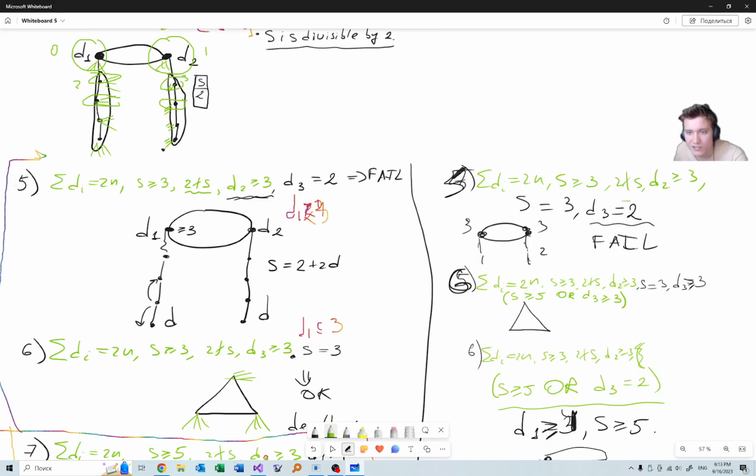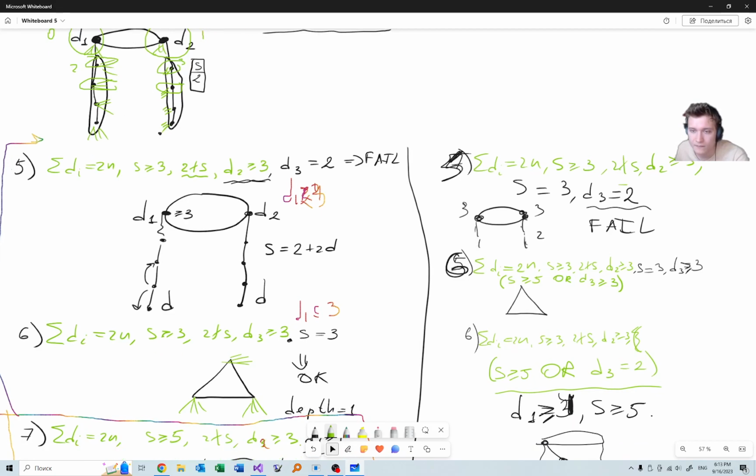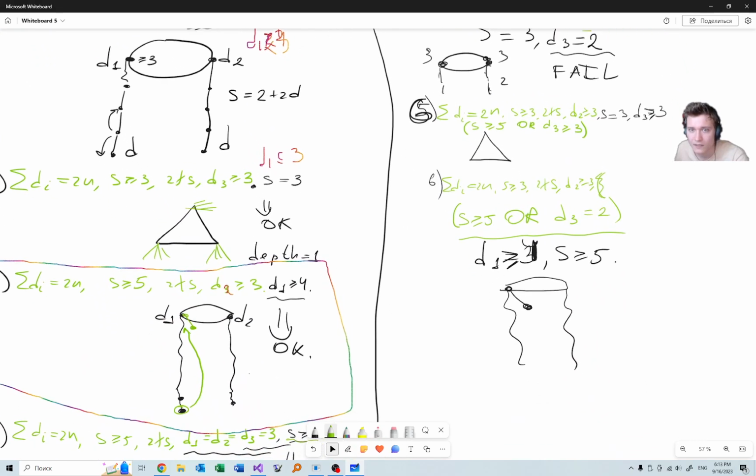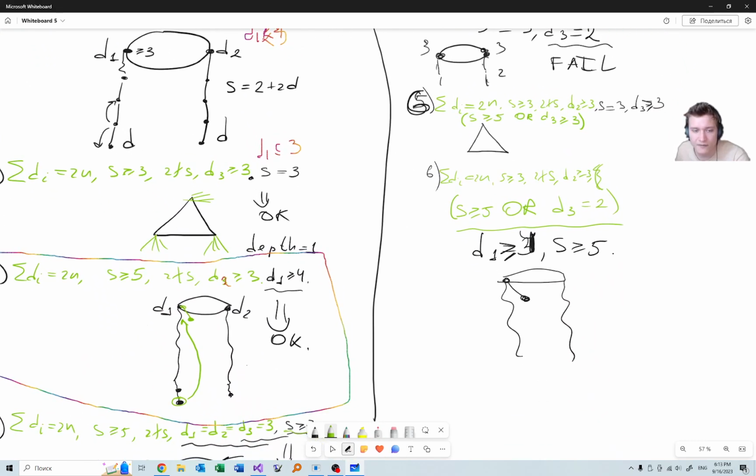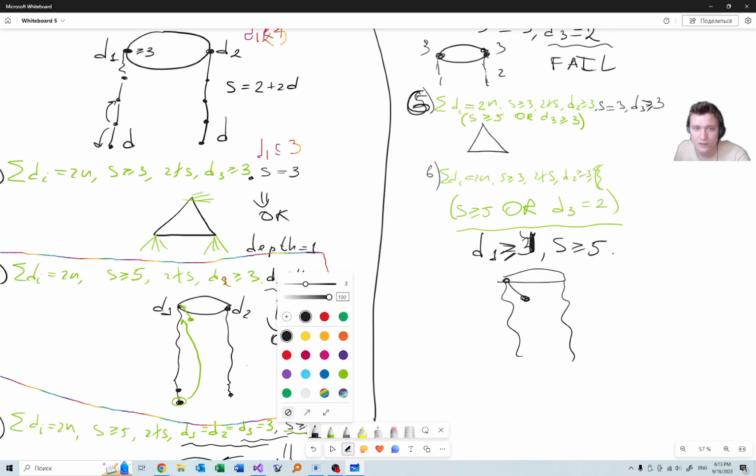And now I consider the case that S equals 3 and D3 is at least 3. In this case, we can use the triangle. So now here in the 7th case, what do we know?